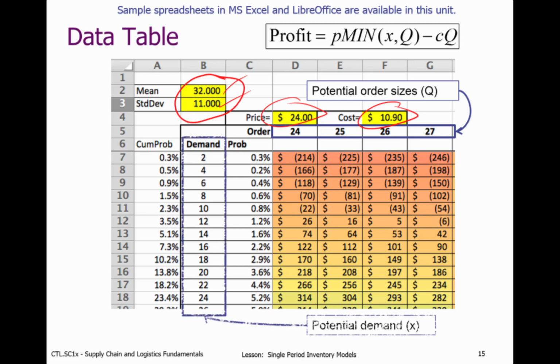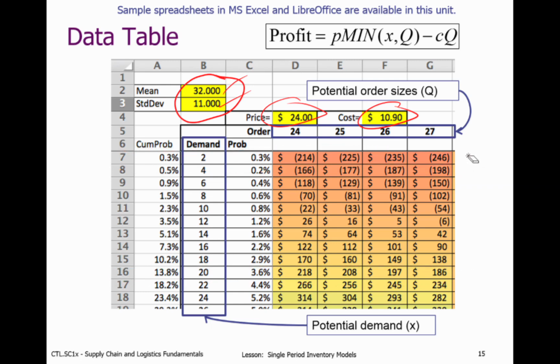Then each row in my data table represents a demand that materializes. For example, this row is what happens if 2,000 units of demand materialize. And down here, this row is what happens if 20,000 units of demand materialize.